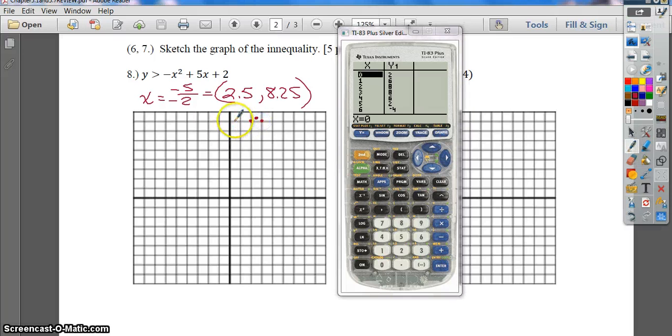So 2.8, I got 1.6, mirror it up, I got 0.2, okay, and then I got 6, -4, 1, 2, 3, 4. That should be the last one I need. Dashed line, because there is no equal to.